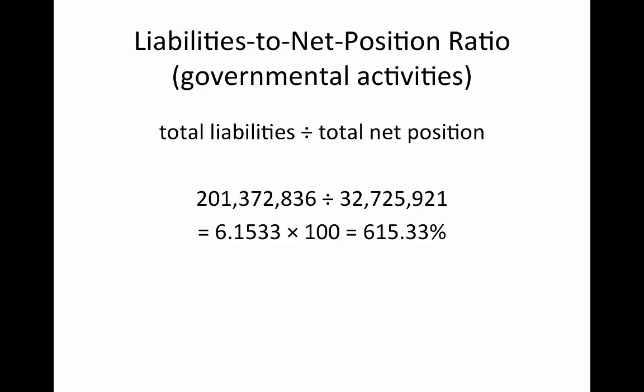That's a stunningly high number because you're taking into account all of the net position available to the government, all the resources at its disposal to operate and to finance the provision of service and to satisfy its liabilities, and the amount of liabilities they have is 7 times greater than those resources. That's because in these governmental activities they have that gigantic negative unrestricted net position.